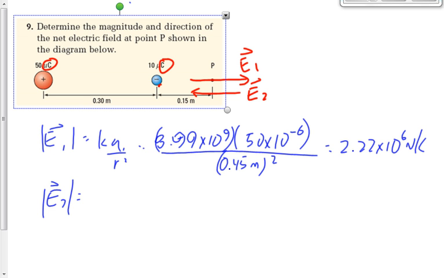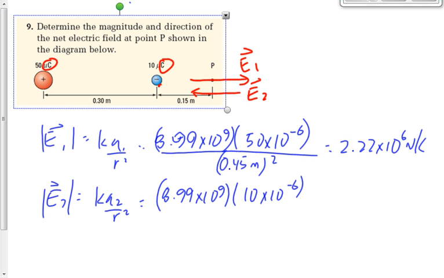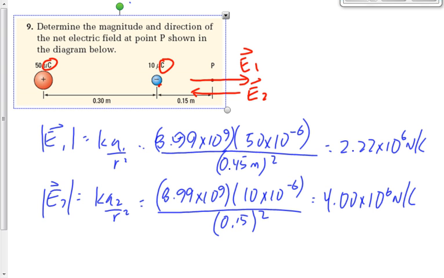E2, a little bit easier. Same method. Add those distances together. Now it's easy, right?